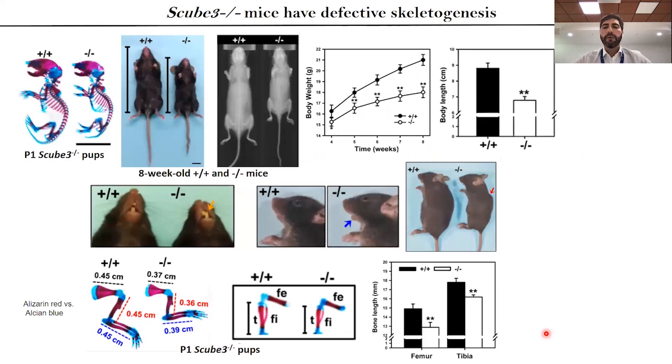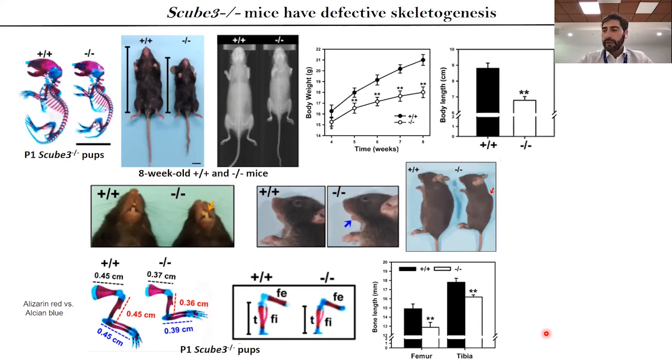In the next slide, we tried to understand the anatomical impact of this putative gene disease. We generated the mouse model in collaboration with Professor Yang, University of Taiwan. SCUBA3 knockout mice were live and viable, but they were reduced in length and weight compared to their littermates.